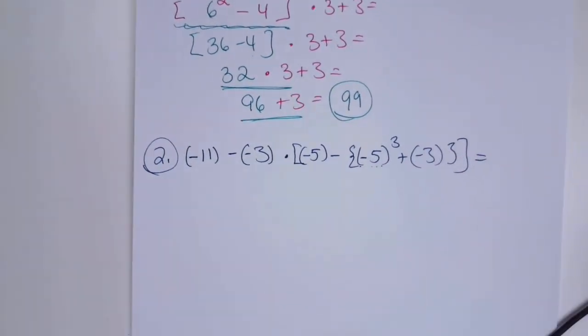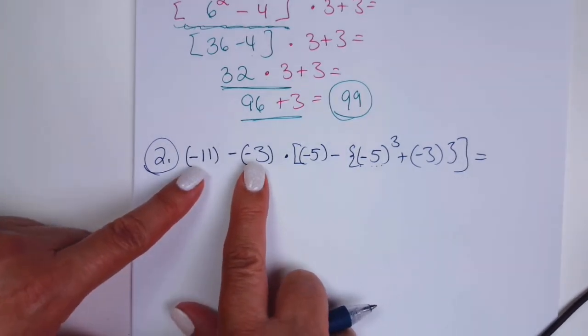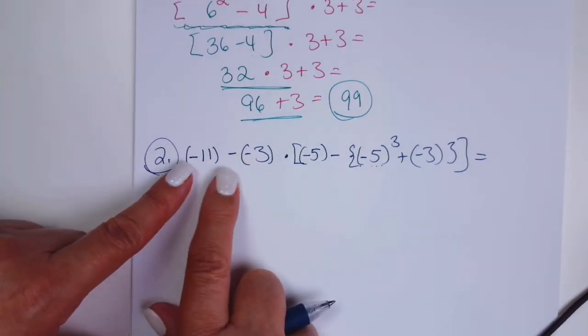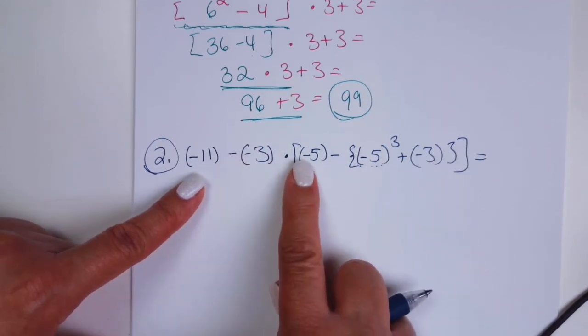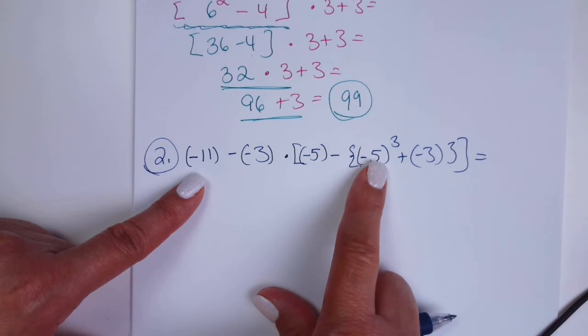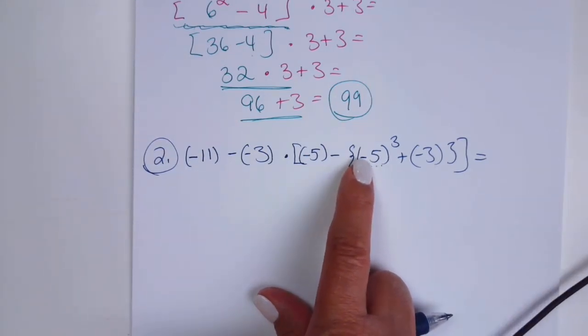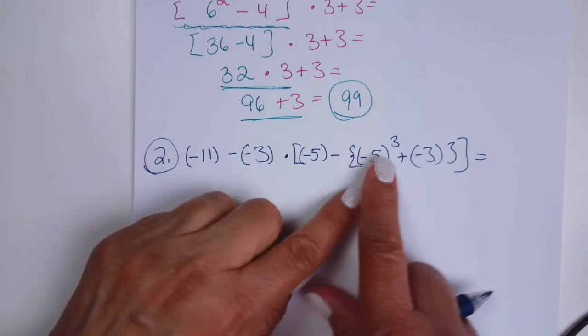The reason we have so many parentheses here is because we are dealing with negative numbers. The negative numbers are always separated by parentheses so that we know that negative belongs to that number. It's especially important right here, so that the negative 5 is the base of that exponent 3.